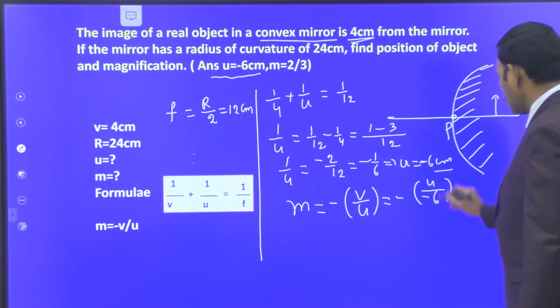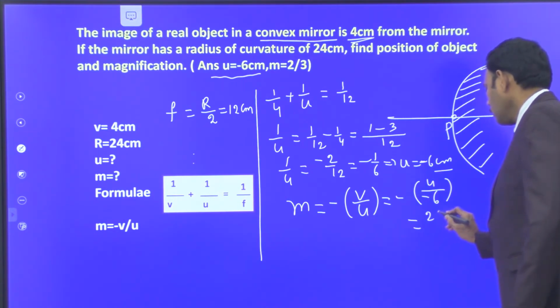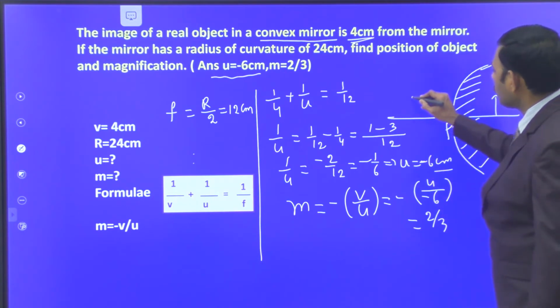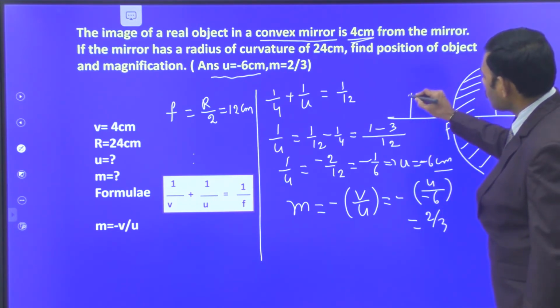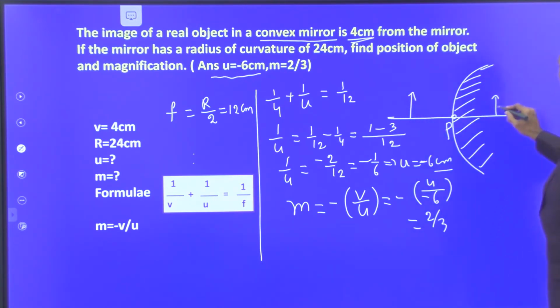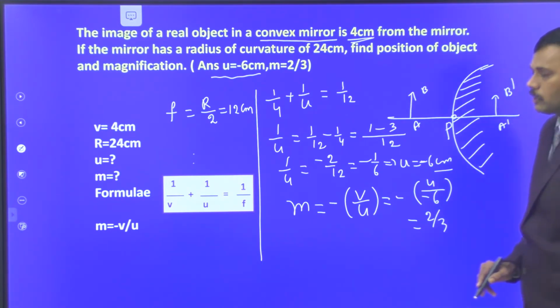Minus minus plus, 4 by 6 means 2 by 3. Here for an object kept as shown in the diagram, you get an image like this. Suppose AB is the object, you get A dash B dash as the virtual image. So the image is always erect for the given object, hence the magnification must have a positive sign. We get the same thing here. M is equal to plus 2 by 3.